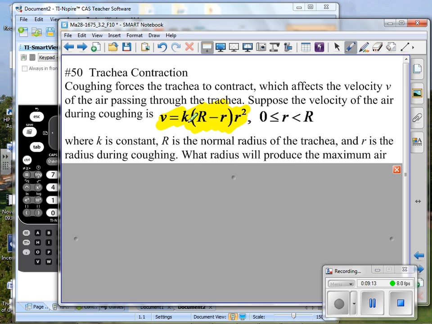So of this formula, how many variables do we have? Well, we only have 2, don't we? Input is radius during coughing, and output is velocity. Your radius during coughing, does it make sense that it's 0 less than or equal to r less than capital R?